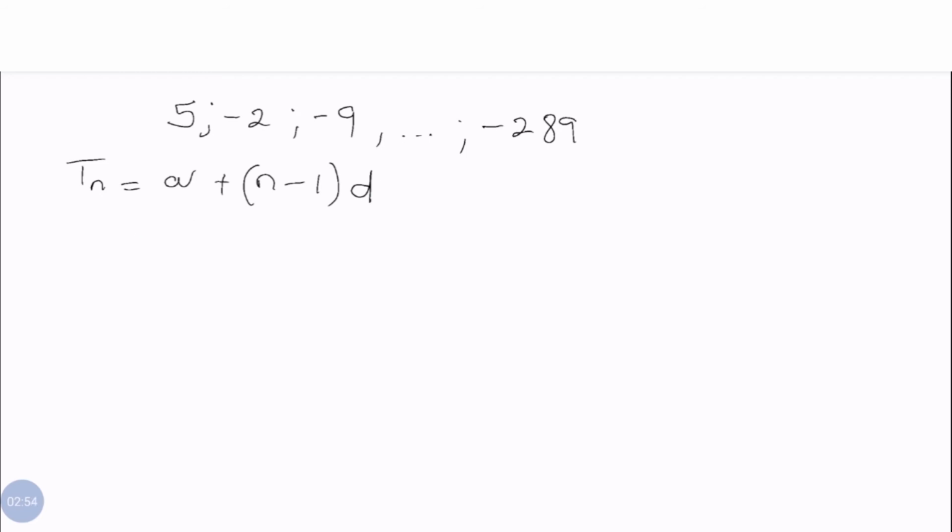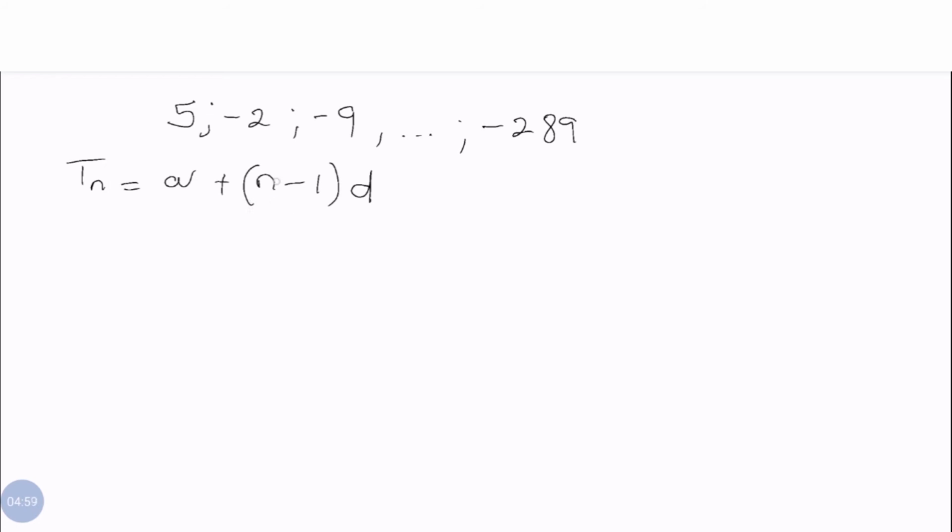A represents the first term, and D represents the constant first difference or the common difference.